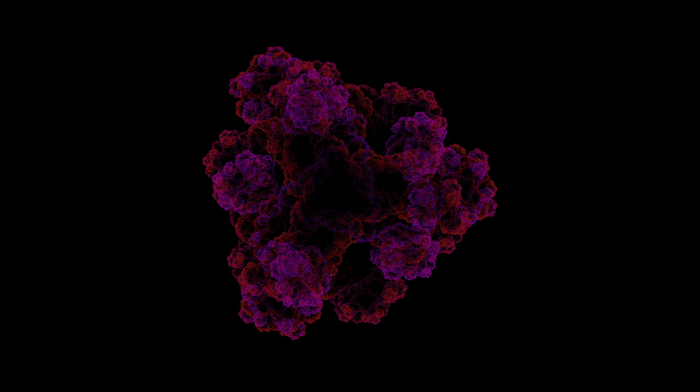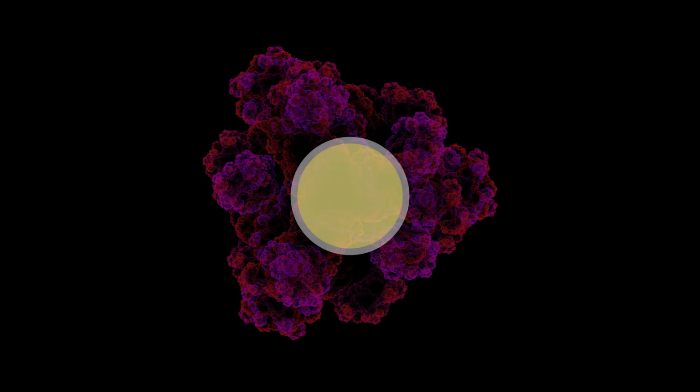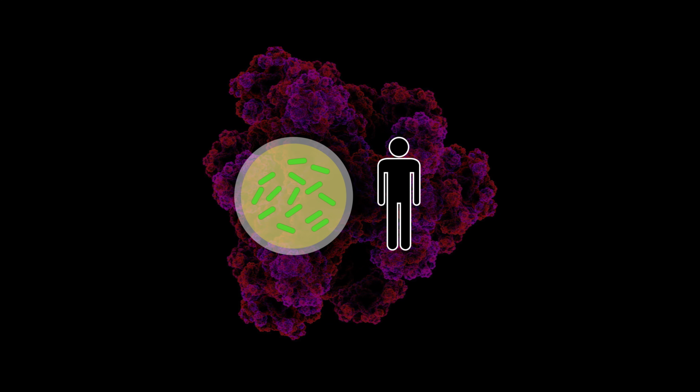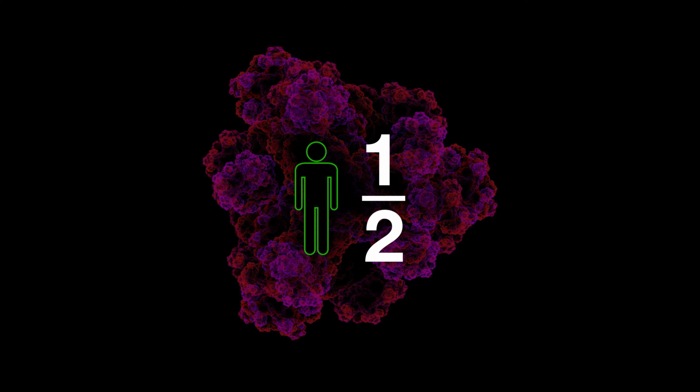Let's go back to that bacteria from earlier. Let's say that one of the scientists got infected by this pesky bacteria. And in one day, he has 50% or half the chance of spreading the disease to another person.